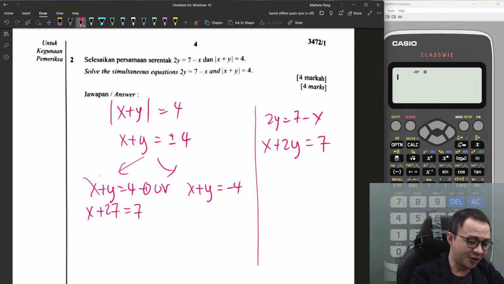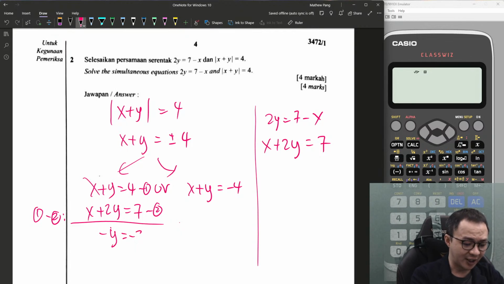So this is the first equation, this is the second equation, first equation minus second equation. If I subtract them, I get negative y, since 7 minus 4 is 3. So negative y equals negative 3, y equals 3. Easy.